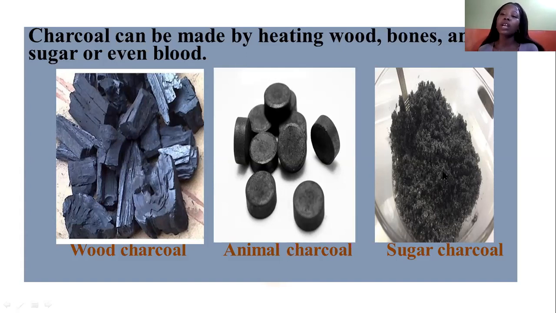So in industrial processes, animal charcoal is used on brown sugar to remove that brown color, so the sugar we have at home is now colorless in nature. But actually, the brown color was removed by animal charcoal. Then sugar charcoal is also a good substance that is used for absorbing color in substances.